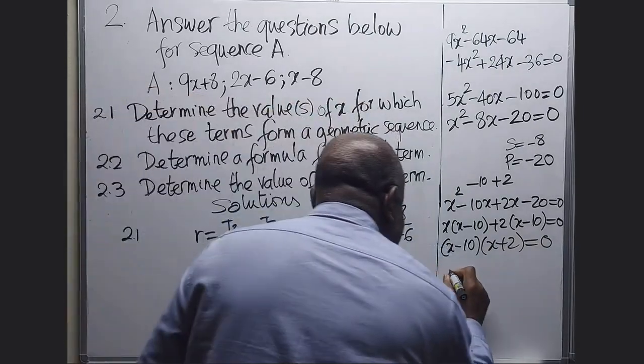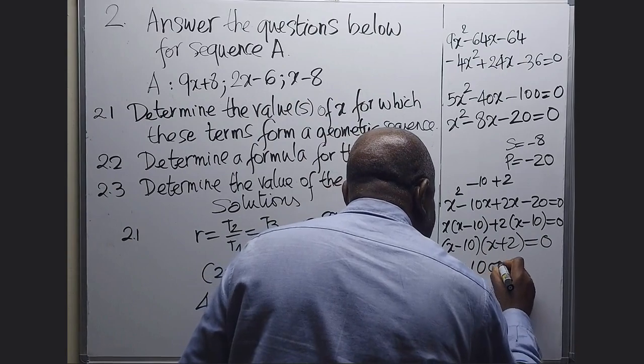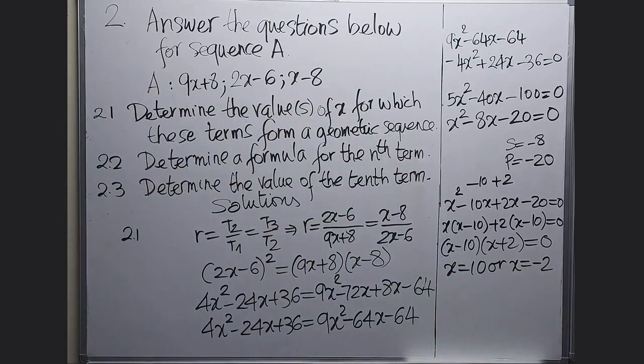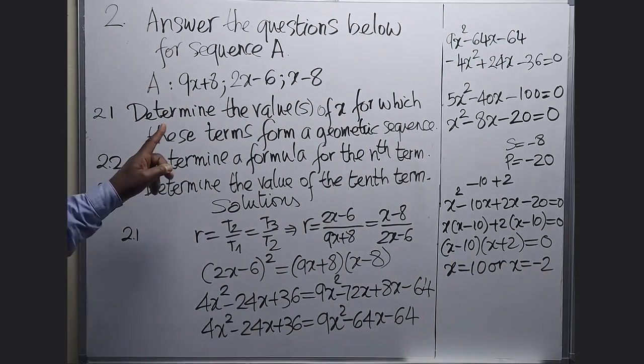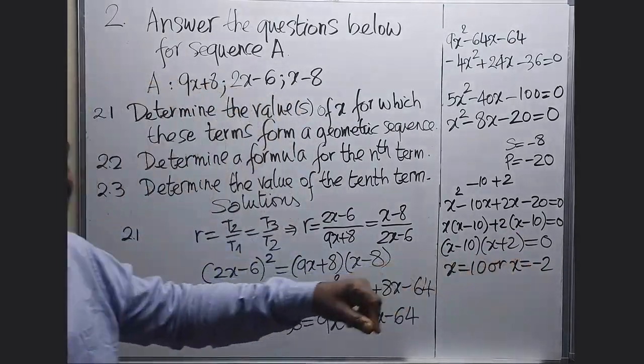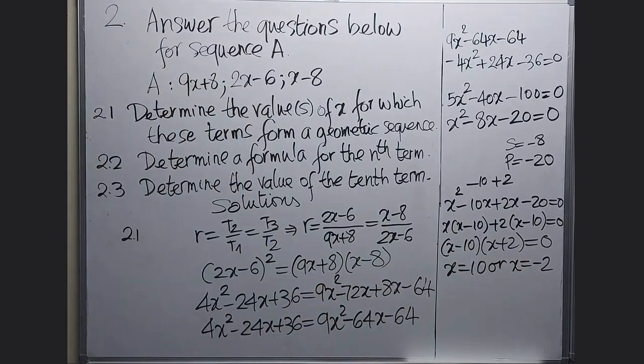So the value of x will be equal to 10. The other one, x will be equal to negative 2. So we have got x is equal to 10, or x is equal to negative 2. This was question 2.1.